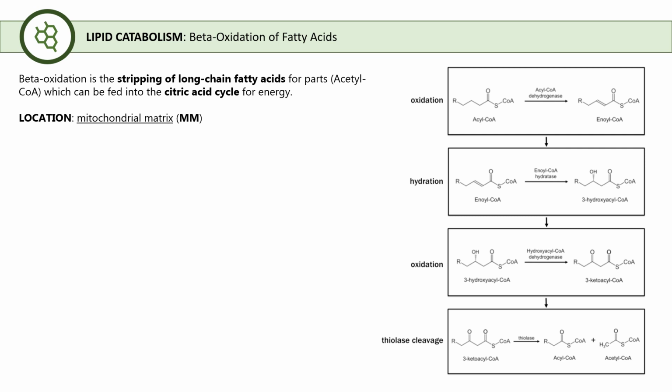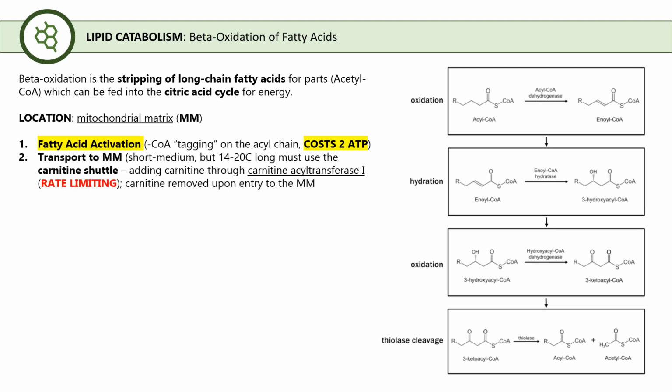In order to begin beta oxidation, we first need to get the fatty acid into the mitochondria from the cytoplasm. This requires two steps. First, fatty acid activation by CoA tagging, which requires 2 ATP. Remember this for accounting. But then second, the rate-limiting step of catabolism, the transport into the mitochondrial membrane.